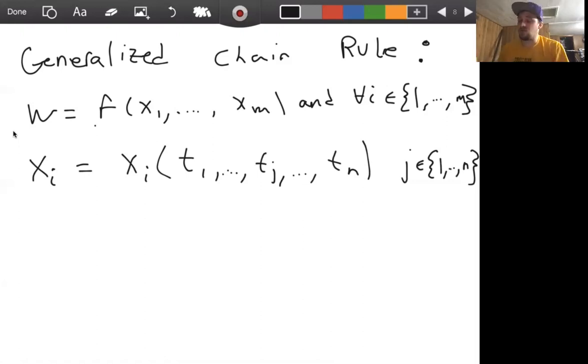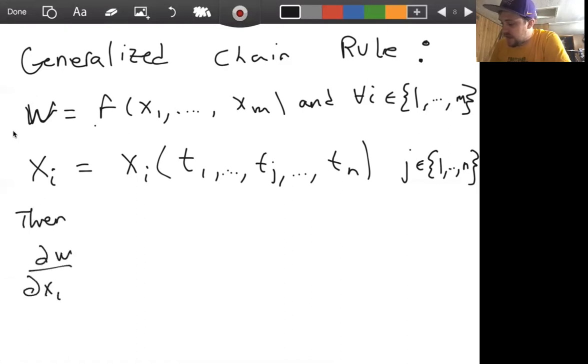And so w here is a function of m variables, each of which is in turn a function of n variables.